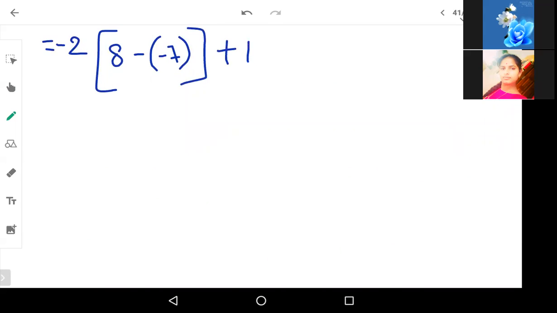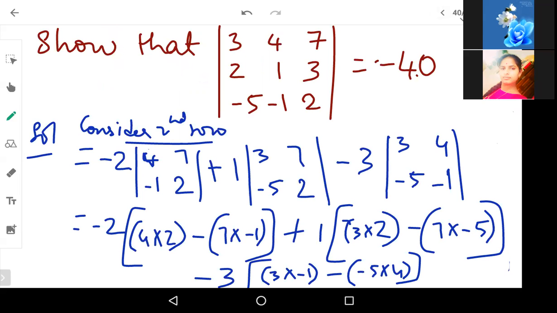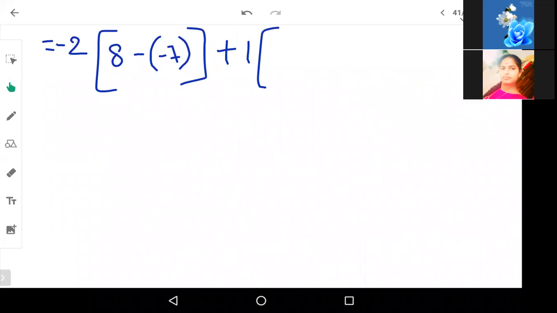Then plus 1 into 3 2s are 6, minus 7 into minus 5 is minus 35. So what do you get here? You will get 6 minus of minus 35.